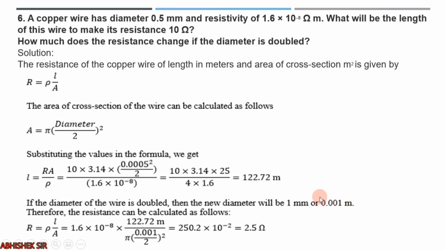Now again we don't have r but d, the new number is 0.001. So 0.001 by 2 whole square will be the area, and the right answer that you will get after simplification is 2.5, right? So the resistance finally will be 2.5 ohm.